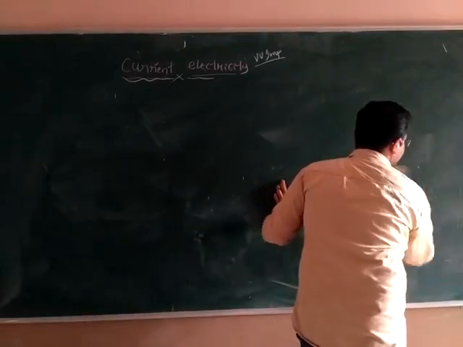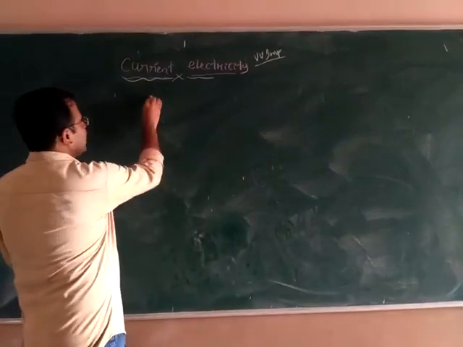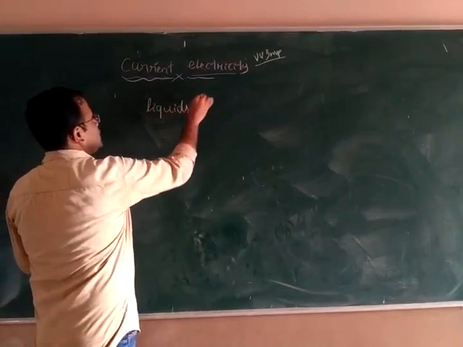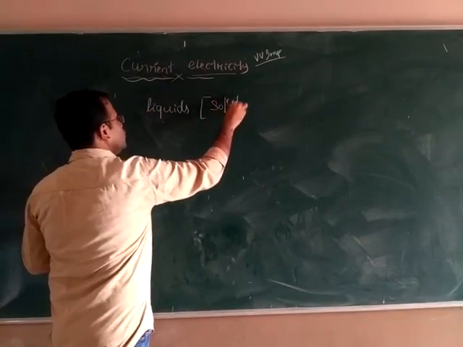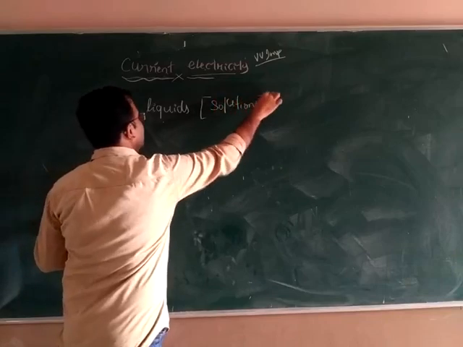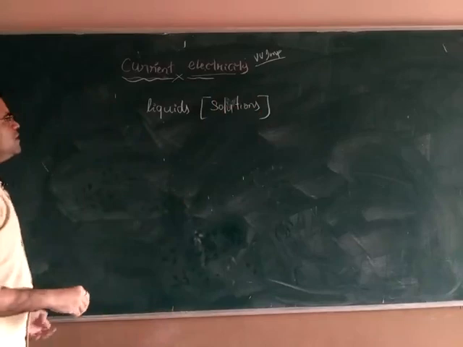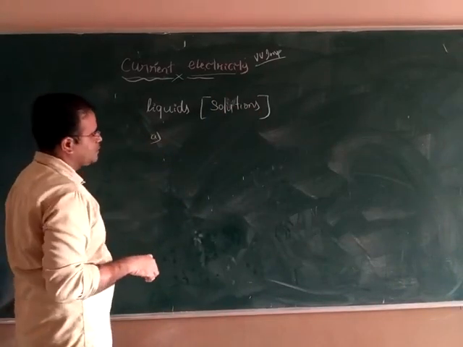ಸಾಲಿಡ್ಸ್ ಒಳಗೆ ಯಾವ ರೀತಿ ಚಾರ್ಜ್ ಕ್ಯಾರಿಯರ್ಸ್ ಇರುತ್ತೆ ಅನ್ನೋದನ್ನ ಡಿಸ್ಕಸ್ ಮಾಡಿದ್ವಿ. ನೆಕ್ಸ್ಟ್, after getting this one, you are going to discuss what are the charge carriers in case of the liquids. So in case of the liquids, or else we can also call them solutions here. So solutions ಒಳಗೆ ಯಾವ್ಯಾವ ರೀತಿ ಚಾರ್ಜ್ ಕ್ಯಾರಿಯರ್ಸ್ ಇರುತ್ತೆ ಸ್ಟಡಿ ಮಾಡೋಣ. So we have again two types of solutions here.